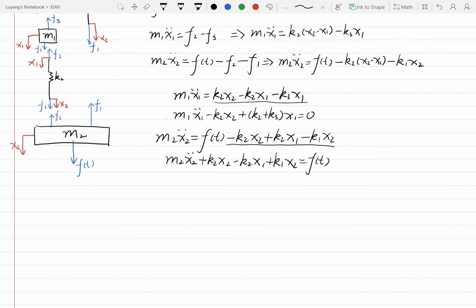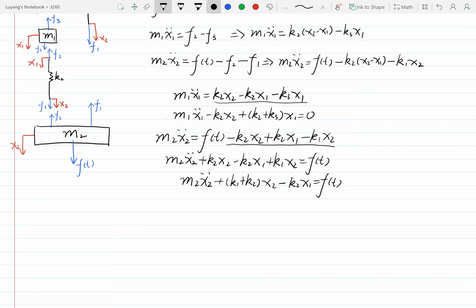Then M2 times x2 double dot plus (K1 plus K2) times x2 minus K2 times x1 equals F of t.